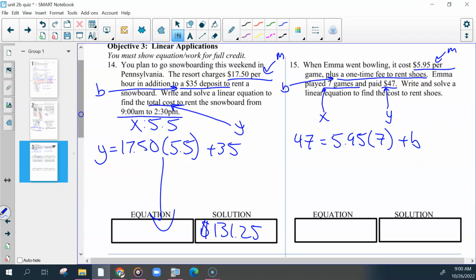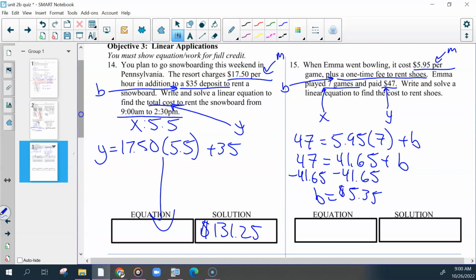And then this one, you needed to actually do the work. You have to set up your equation and solve.